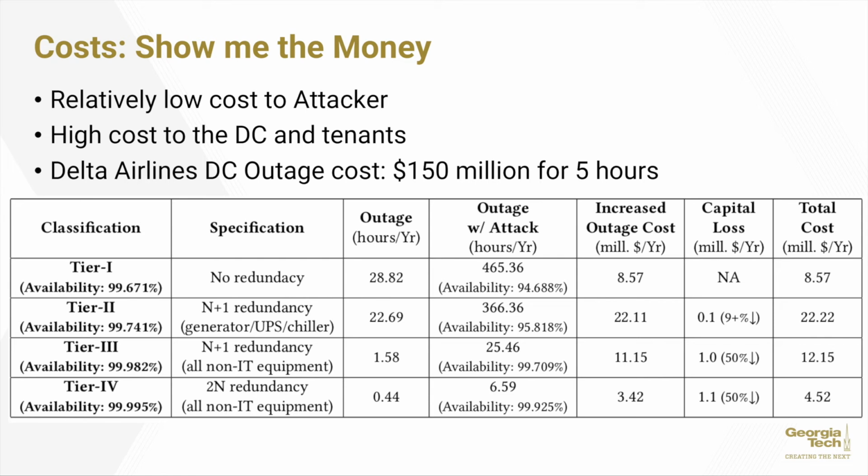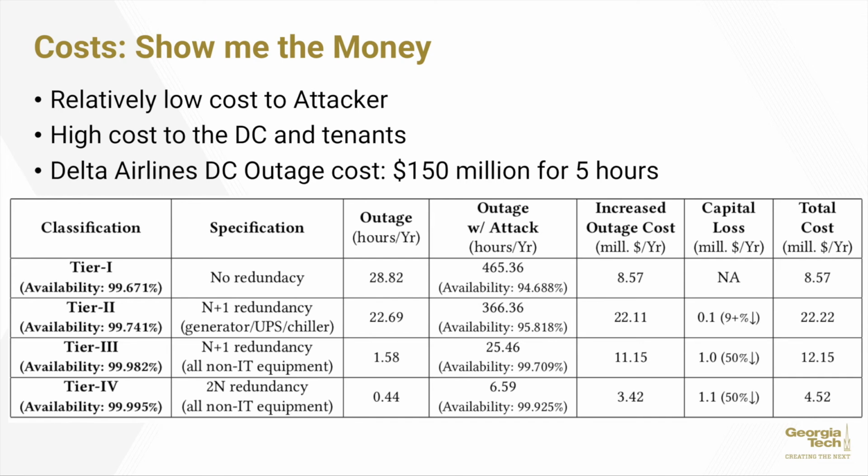And as far as the cost to the data center, it's very high, because if you cause an outage, they lose money. And if you cause enough outages, the data center itself could potentially drop tier classifications, which would mean they have to charge less for co-location because they're a lower tier.